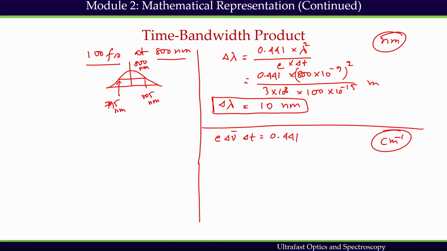We are assuming that we have a Gaussian pulse. If we assume that it is a hyperbolic sec function, then this number will be different.